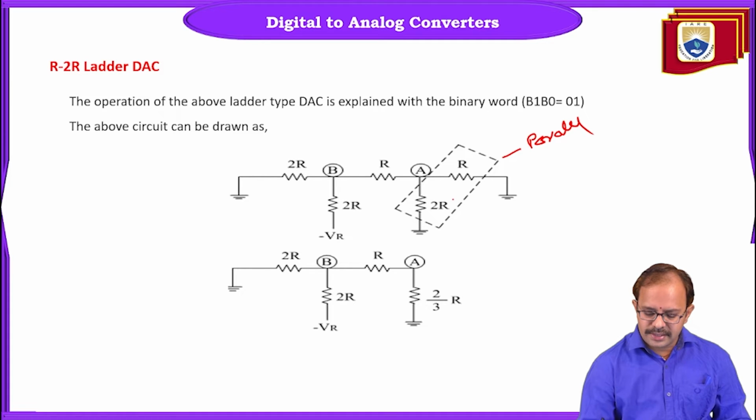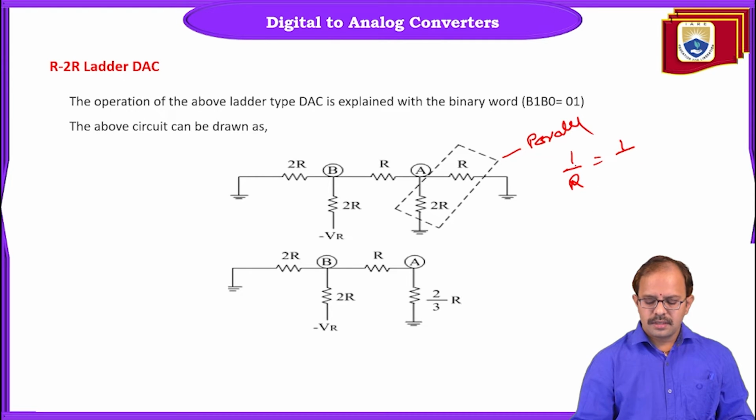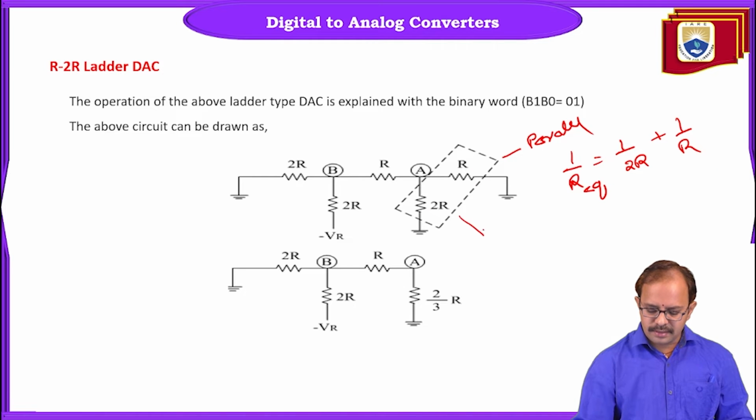So how can we find this equivalent resistance? R equivalent equals 1 by 2R plus 1 by R, since these two resistors are in parallel.